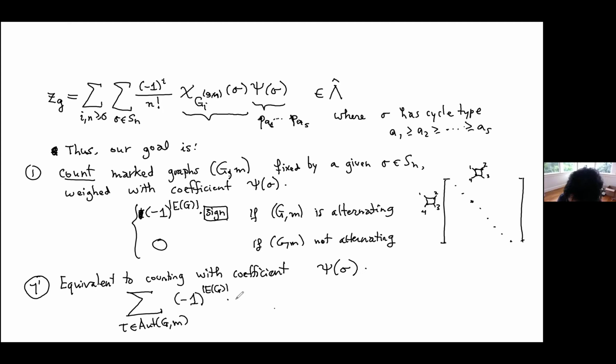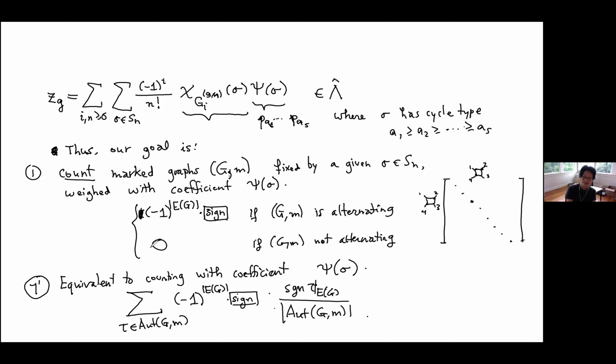and weighing this sign, the sign of the permutation tau sub e, that's the permutation on the edge set induced by tau, divided by the number of automorphisms of G comma M. All I'm saying is that the lower expression, the last line on this slide, is equal to the case analysis above.